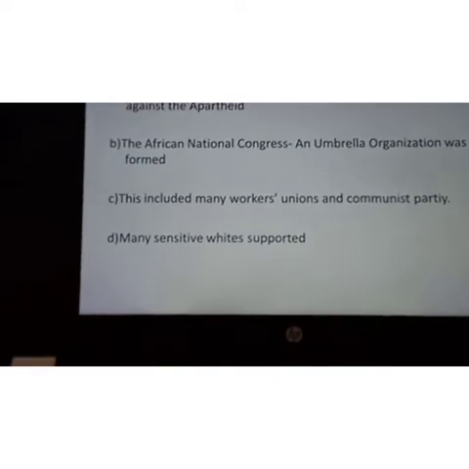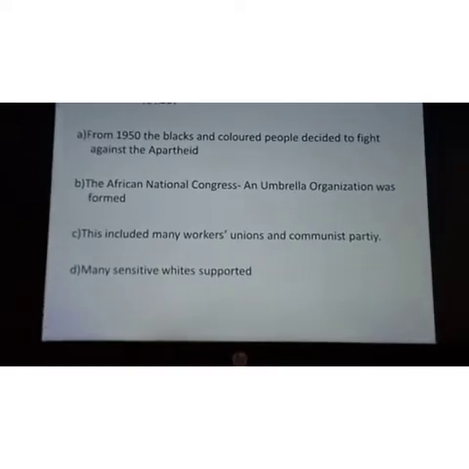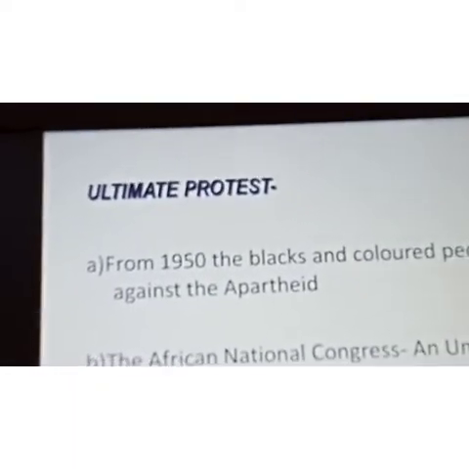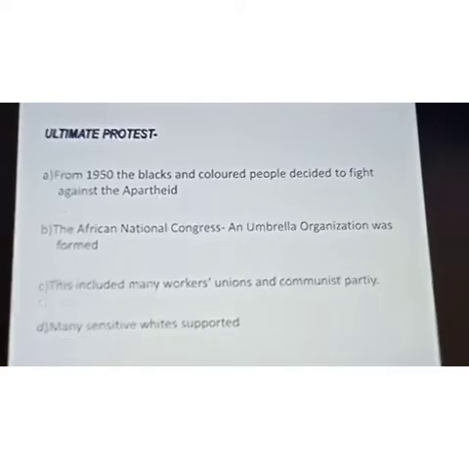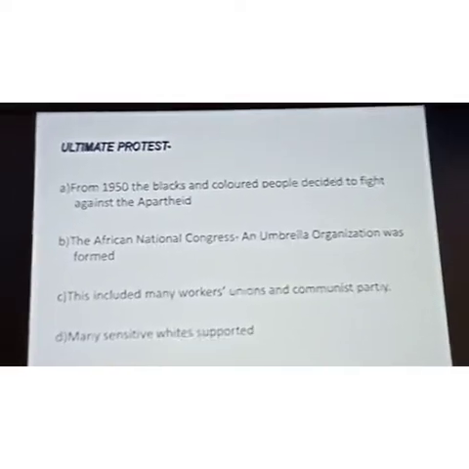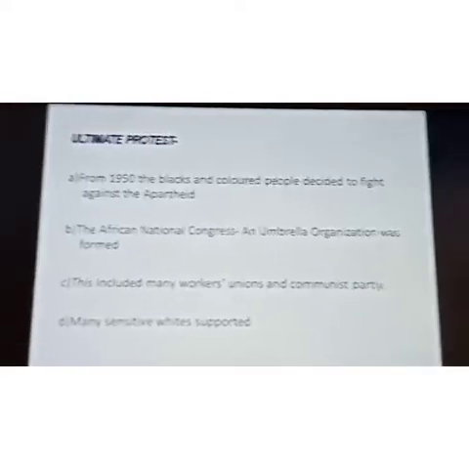They helped the Indians, like Derozio and others, and Allan Octavian Hume was also there. So in that ultimate protest by the African National Congress, many sensitive whites also supported this particular freedom fighting, this nationalist movement.